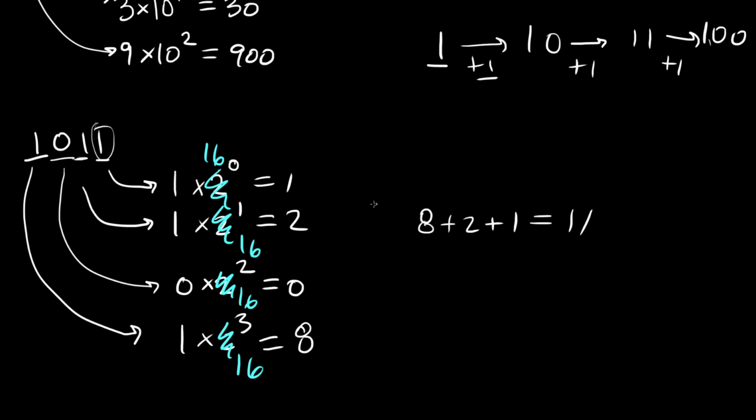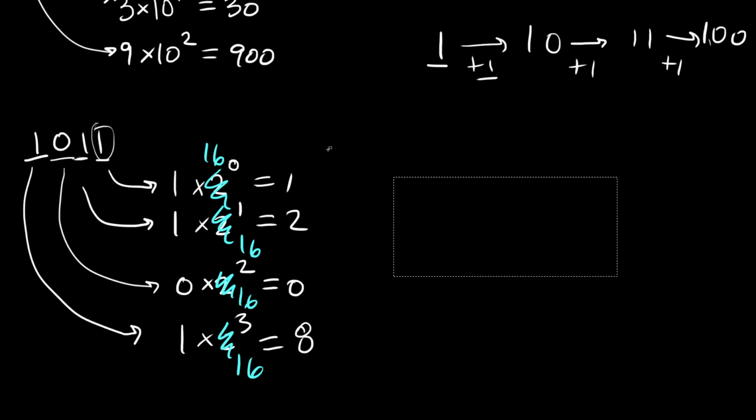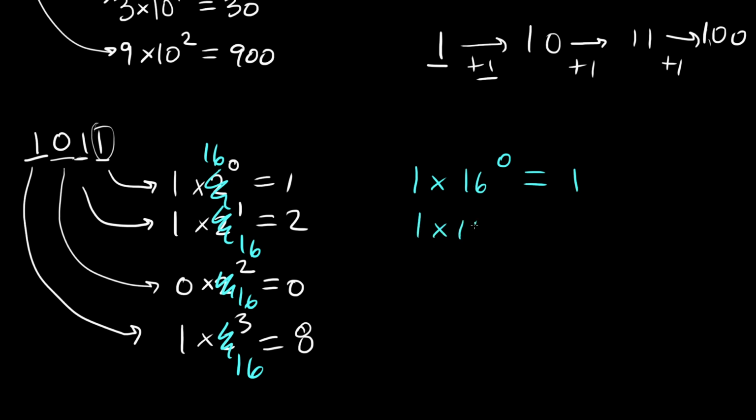Okay, sorry. Let me just erase this real quick. And yeah, so now it would be 1 times 16 to the 0, which is 1, since 16 to the 0 is 1. And then 1 times 16 to the 1, which is 16. And then 0 times 16 to the 2, which is 0.